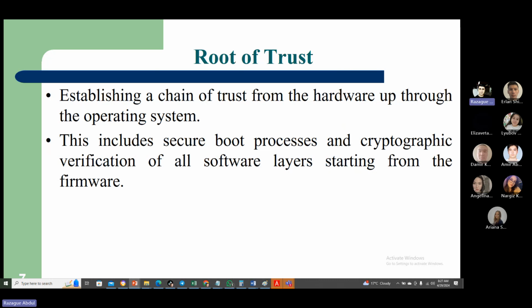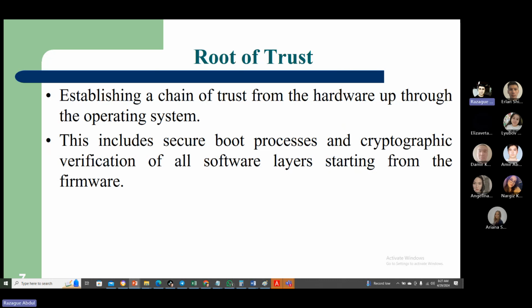So now there will be a question in your mind. What's the root of trust? A root of trust is a set of functions within a trusted computing module that's always trusted by the operating system and application.